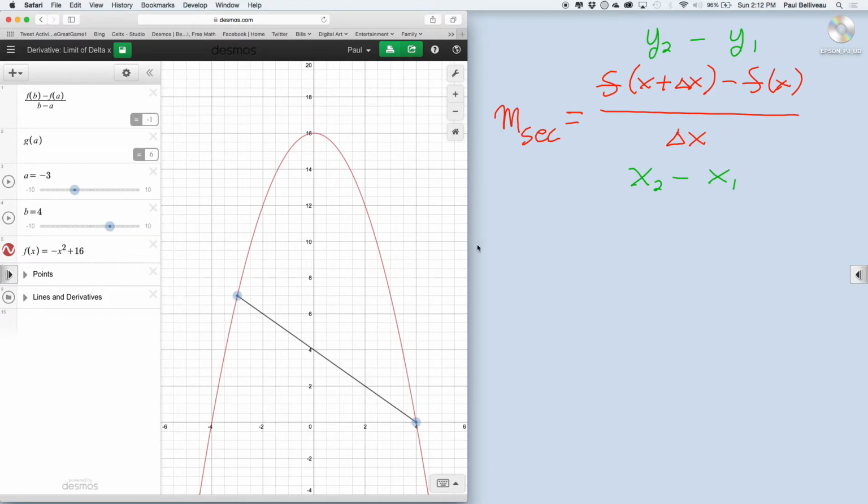Means the exact same thing as this way of writing slope over here. You have to be used to all the different ways we can express slope. Now as a starts moving closer to b, you see I've got this to tell me the slope. This g of a here, this tells me the slope of the instantaneous rate of change that we talked about last time. Now, as we get closer, right now the actual slope between x equals a and x equals b is -4.